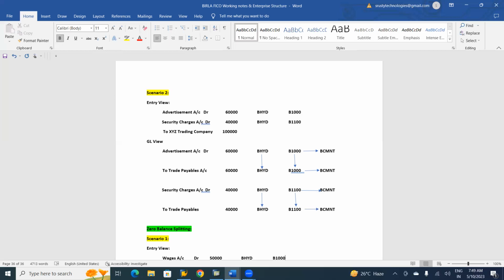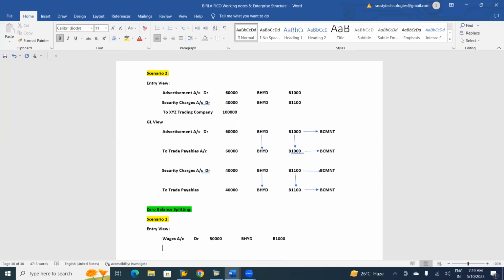So on the credit line, to bank outgoing account, 50,000, profit center BHYD B1100. So here, where the debit balance is not matching with the credit balance, at which level?